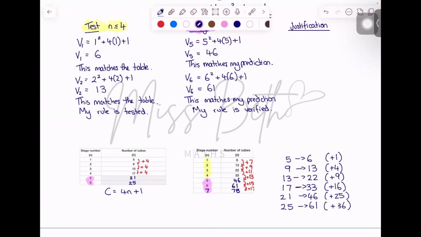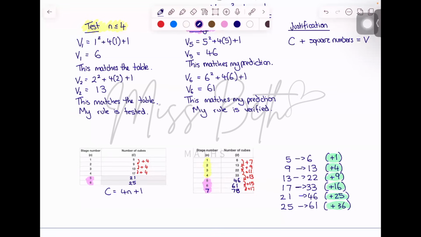Now, what you would hopefully notice at this point is that the difference between them, well, these are the square numbers. 1 squared, 2 squared, 3 squared, 4 squared. So what we are doing is taking the values of C and adding the square numbers, and that gives us our volume.